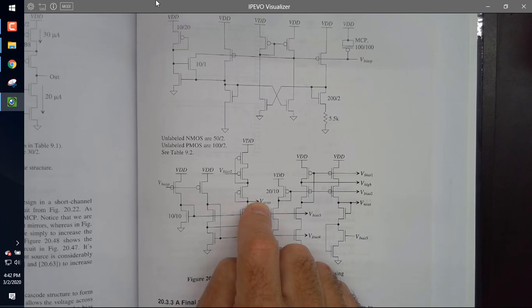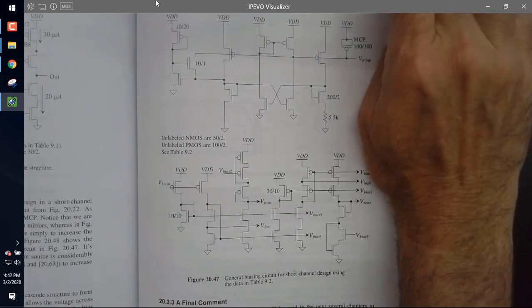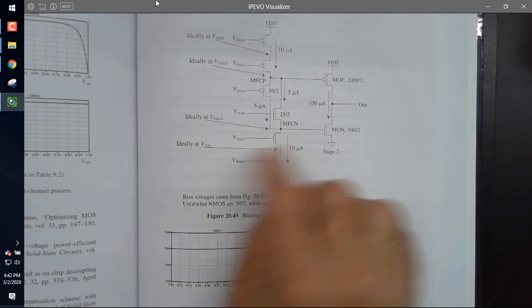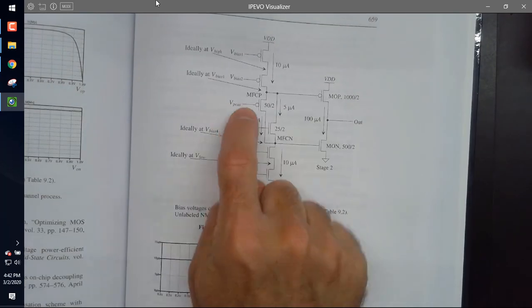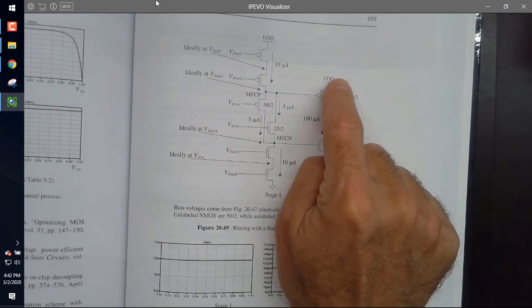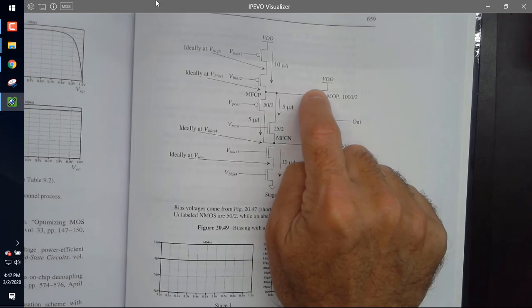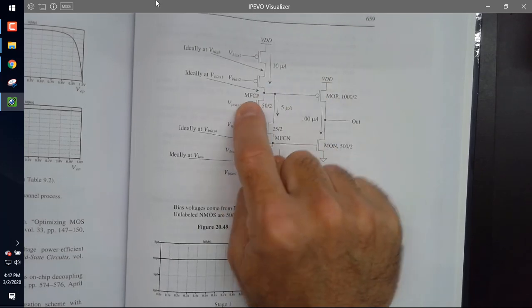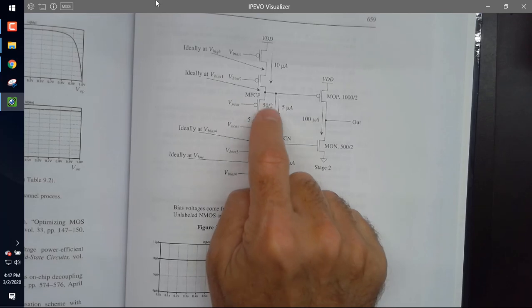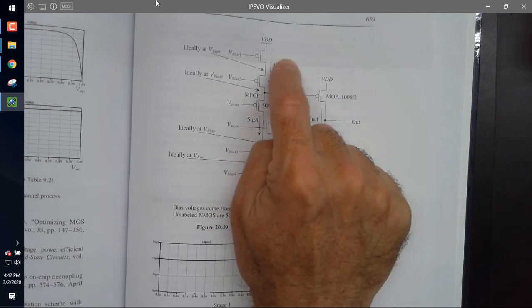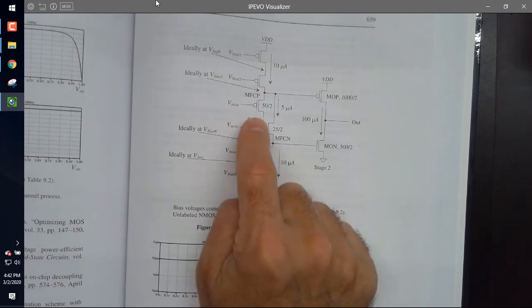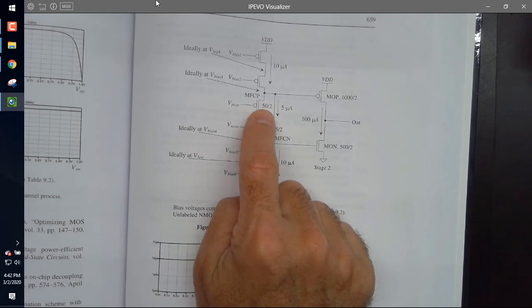Everybody see that? So I'm using that bias voltage over here, and there's VP CAS, VDD minus VSG minus VSG. And I want half the current. I've got 10 microamps in my normal sizes, so I size this to be half of the 100 by 2 of these two transistors.